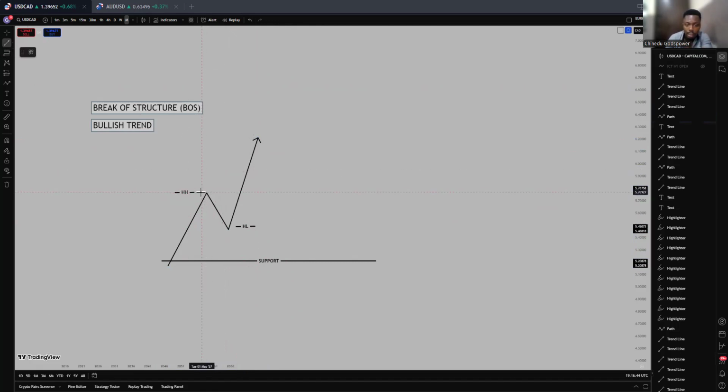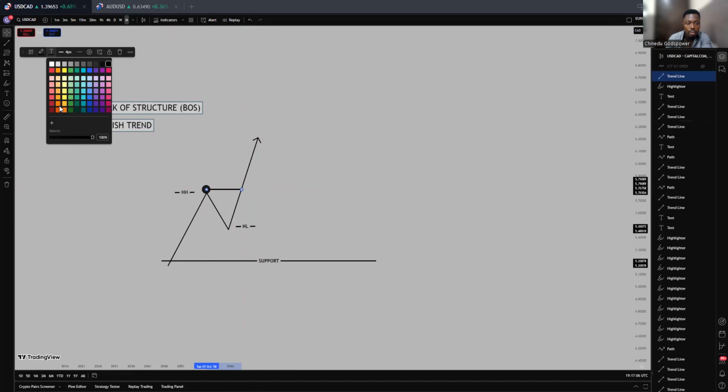Let me use a highlighter too so you can have an insight. This highlighted area is seen as resistance. So the whole of this zone can be seen as what? Resistance. And let's put it in red so we know that it is resistance.